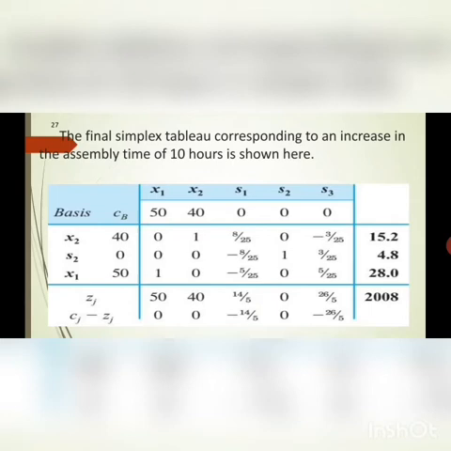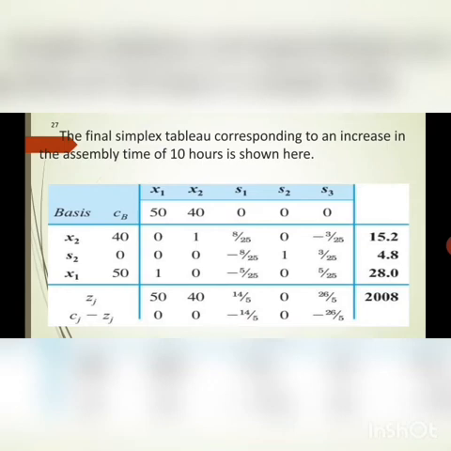Given the dual price is $2.80 for the assembly time constraint, we can expect an increase in the value of the solution of 10 times 2.80, which equals 28. As you can see in our table, this is the final simplex tableau corresponding to an increase in the assembly time of 10 hours.